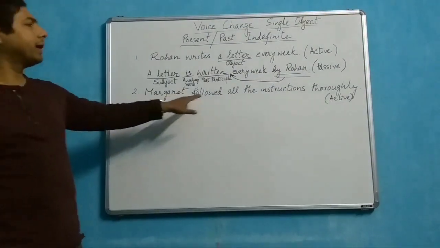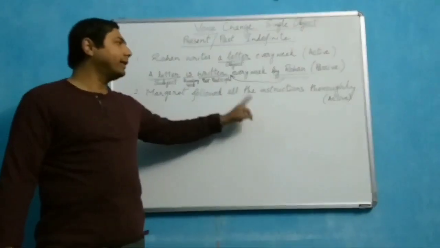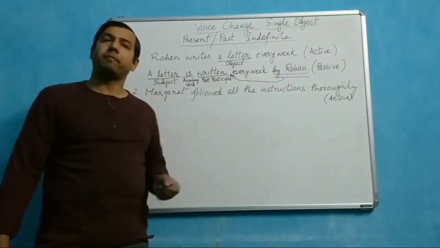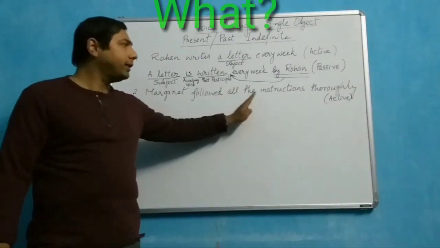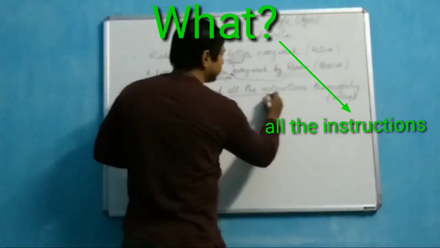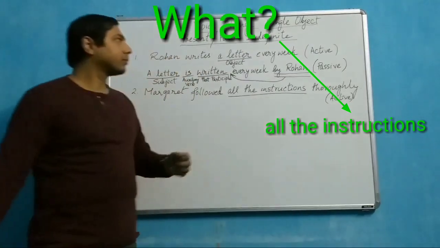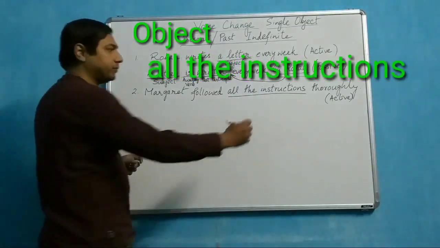Here again we find out the object first. Margaret followed all the instructions thoroughly. Followed what? All the instructions. So this is our object. All the instructions.